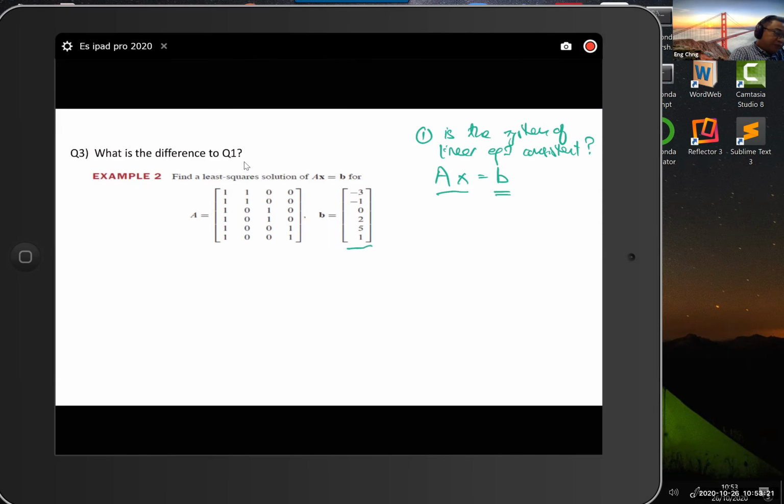This is given. This is given. So always remember, A is given, B is given. Can I find X such that equality happens? If equality happens, the system of linear equations is consistent. If it does not happen, then find the least square solution.